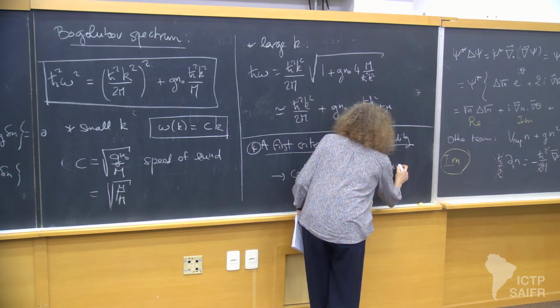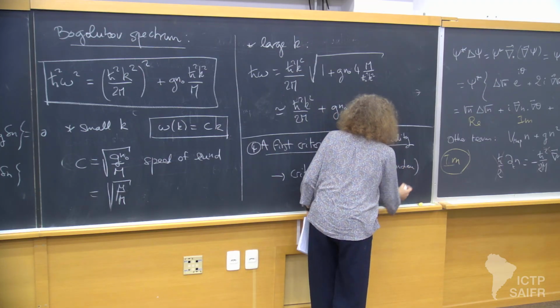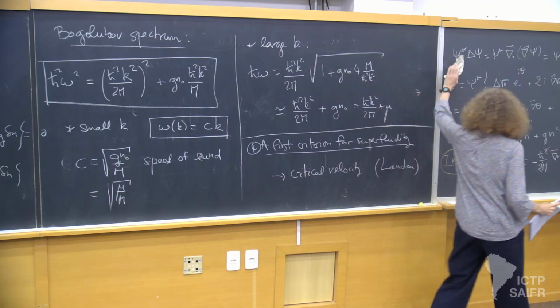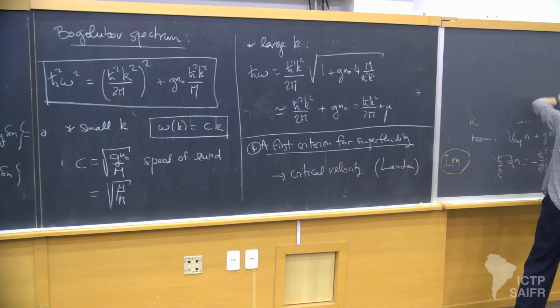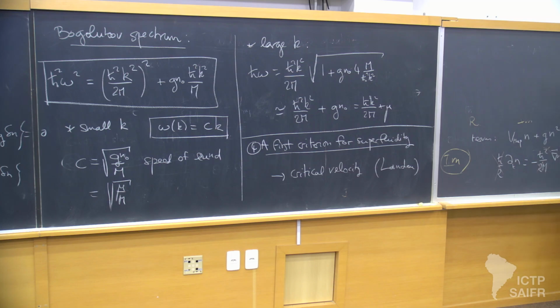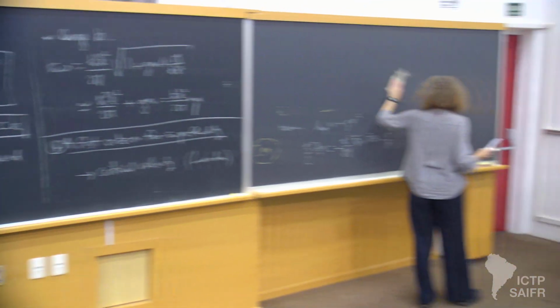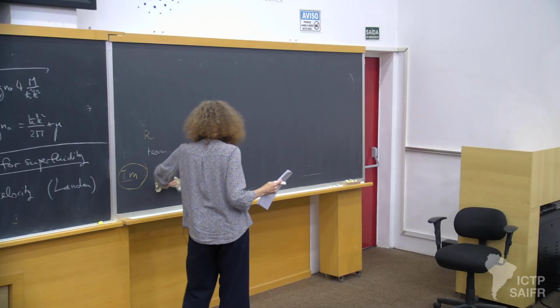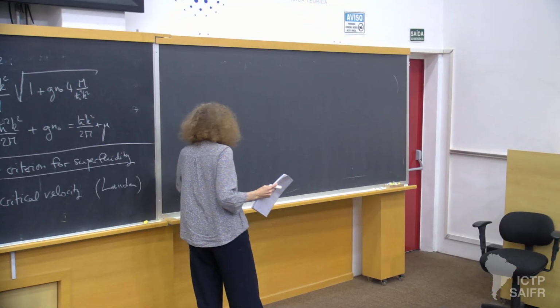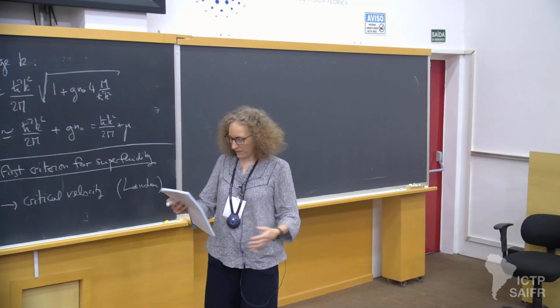And this is the Landau approach. So why am I saying that the fluid is a superfluid? That's because if I try to create some excitations, it will not work unless the fluid has a velocity larger than some critical velocity.